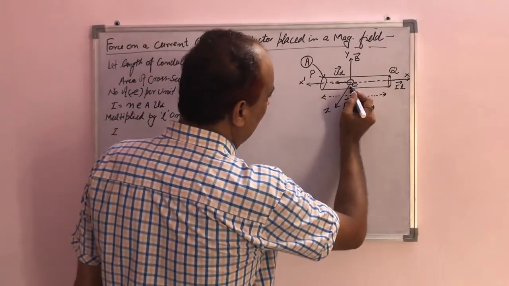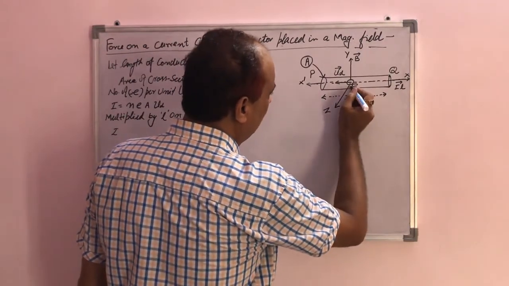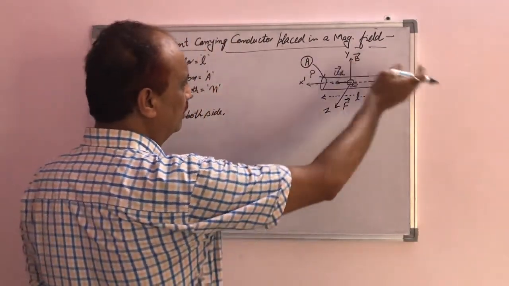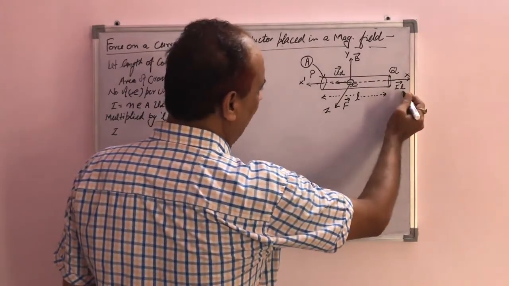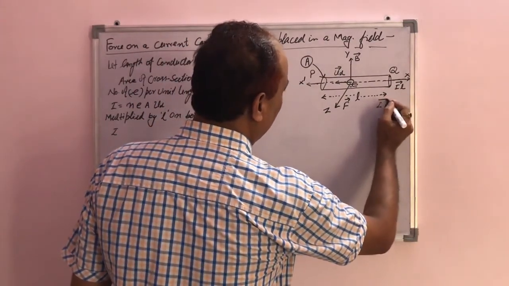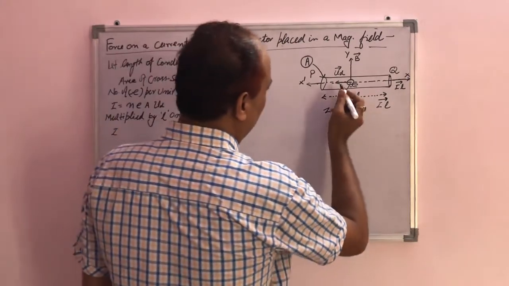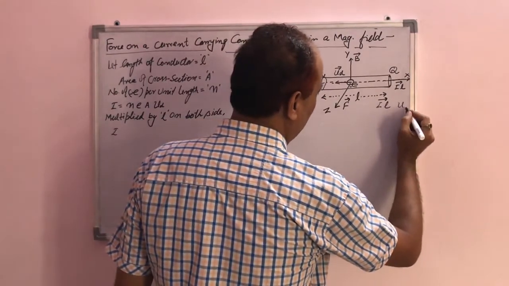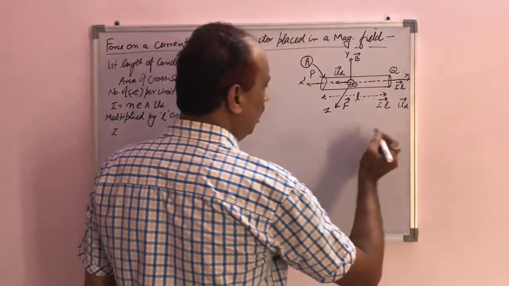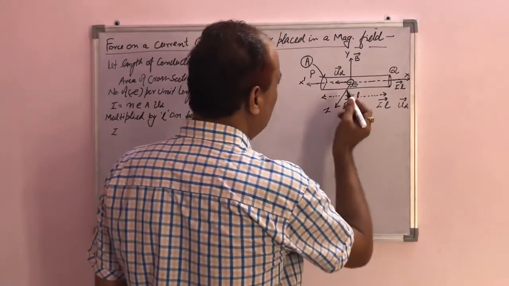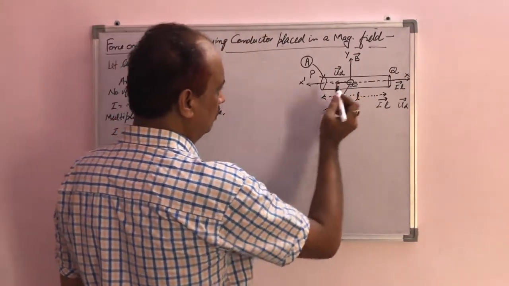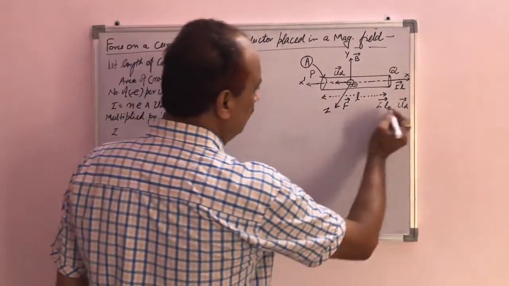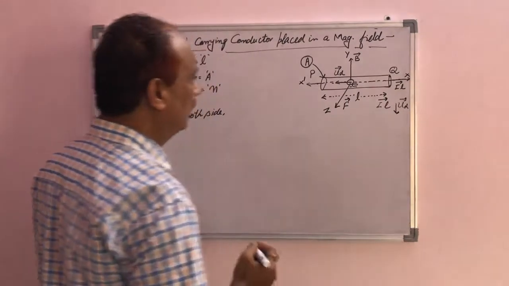The electron has charge minus e, so when electrons flow in the direction QP, current flows in the direction PQ. So the current element IL vector and the drift velocity VD vector are opposite to each other, because the electron is moving in the QP direction.